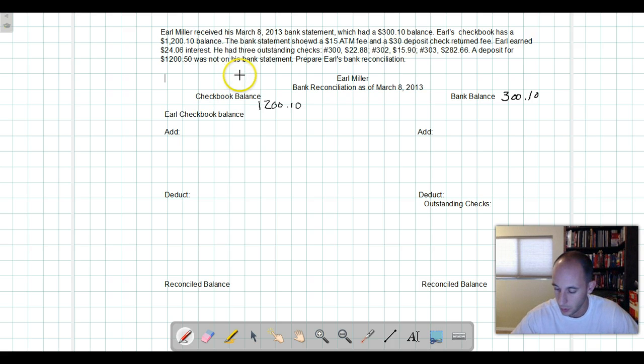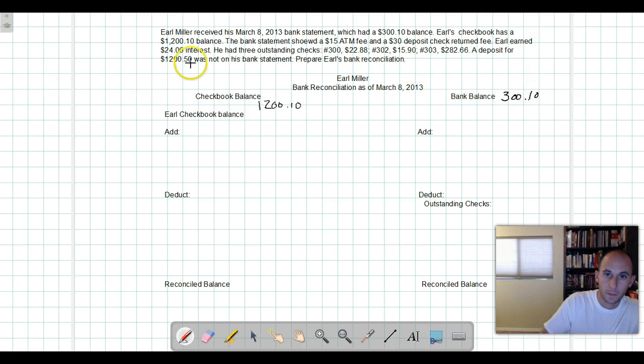So we need to reduce our checkbook side to reflect these fees already shown in the bank balance. So the ATM fee at $15, and then a $30 return check fee. So we bounced a check, I guess. Return check for $30.